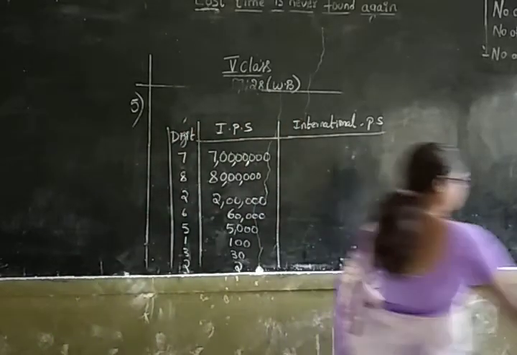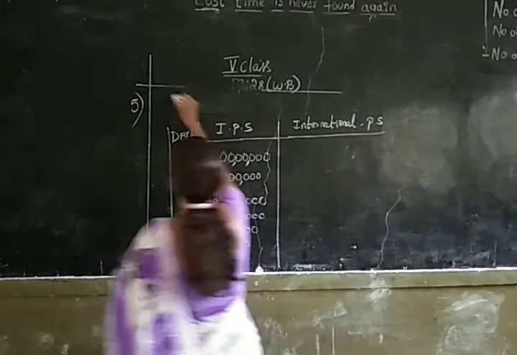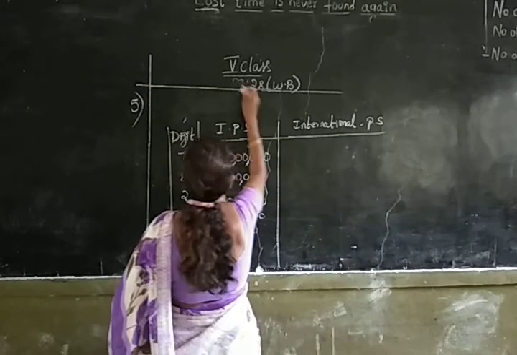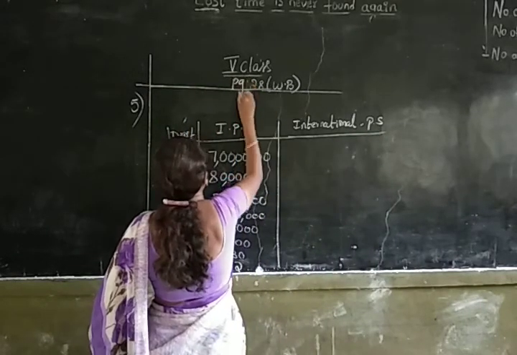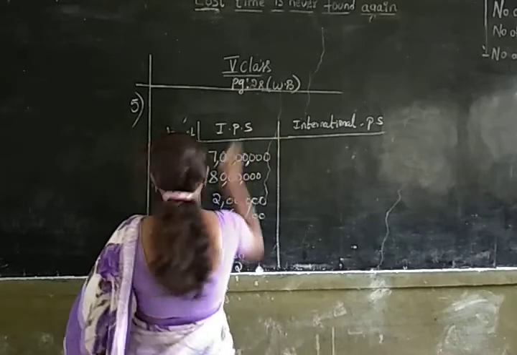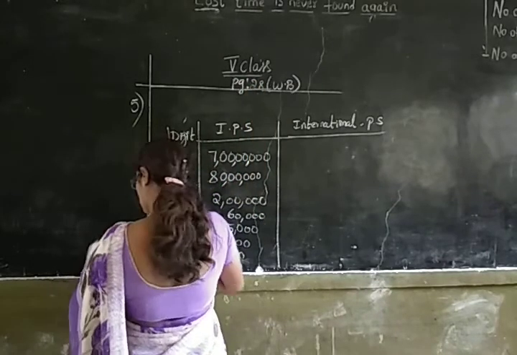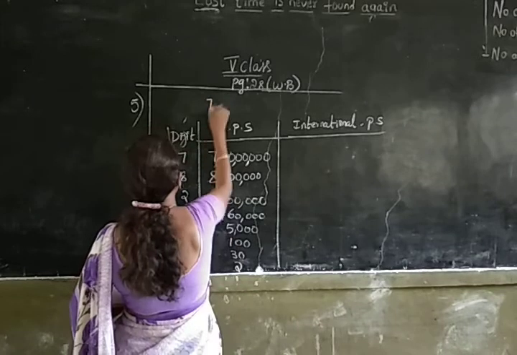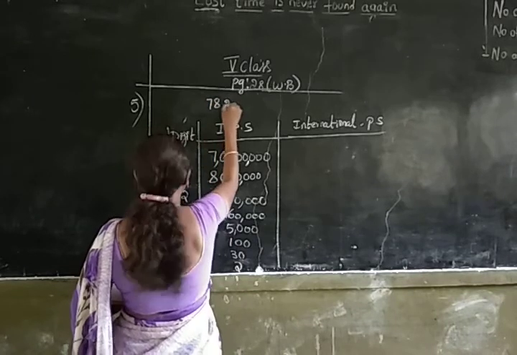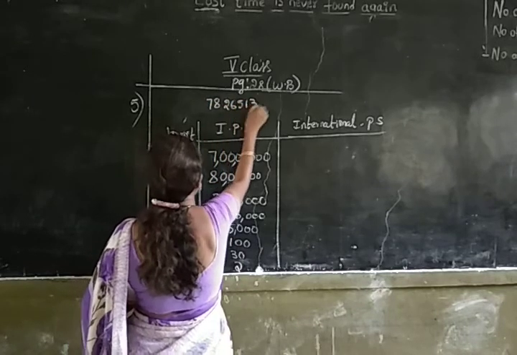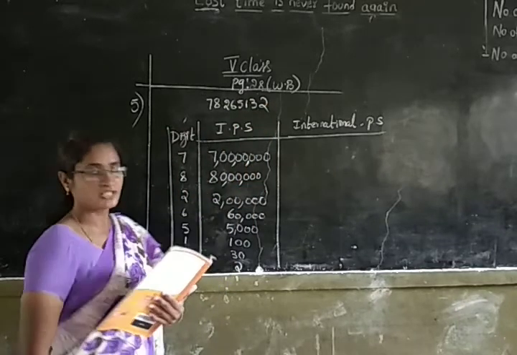Okay children. First let us write down the number. Now you have to write down the place values in the international system.